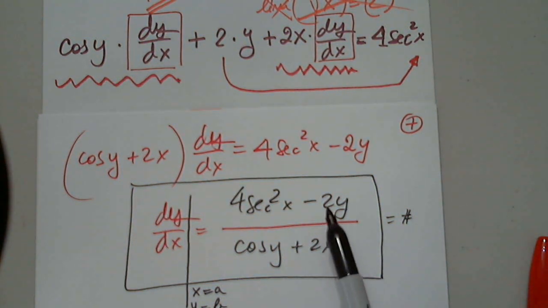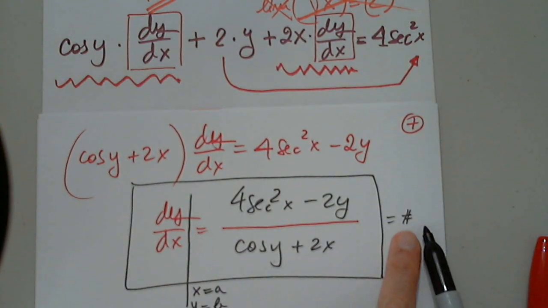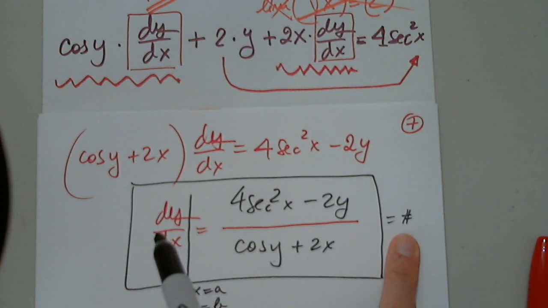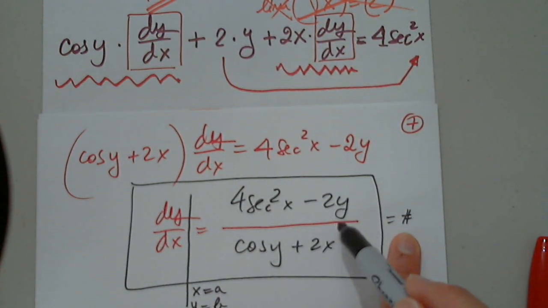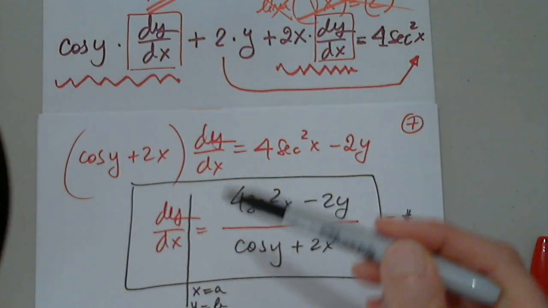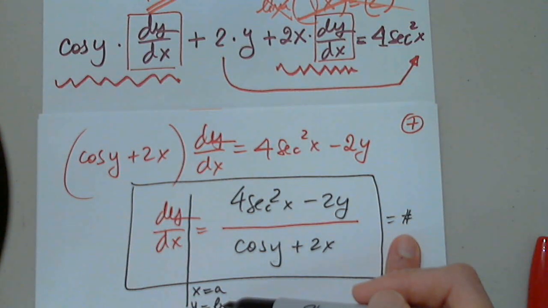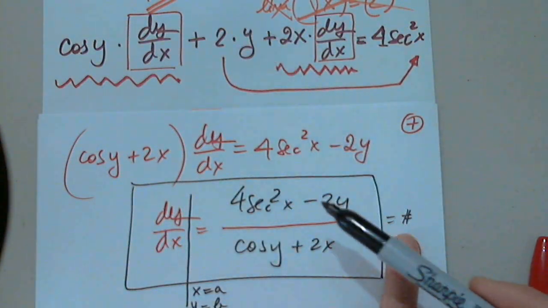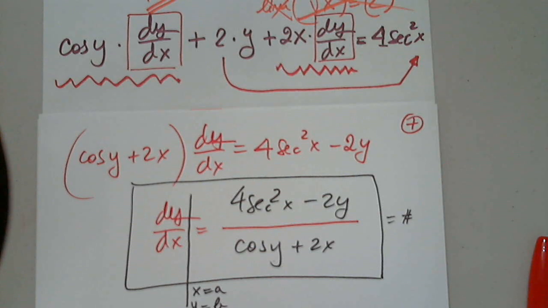So we may not have the y function or f of x, but if we have a point, we can still even evaluate the rate of change of the function we don't have at a particular point. But of course the point has to be on the function. It has to solve the equation, has to verify the equation.